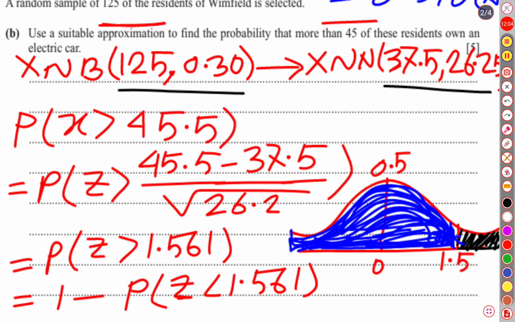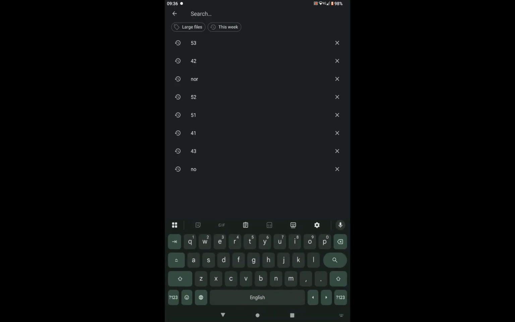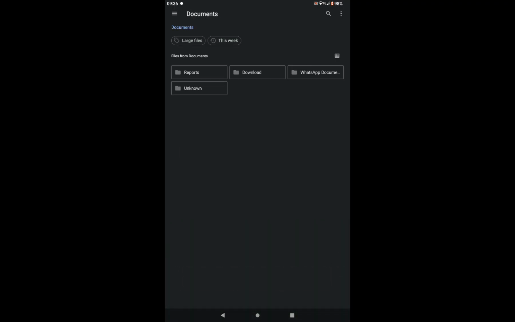So let us find the corresponding probability of this z-score 1.561. Okay, 1.561. Let us see our probability distribution table.